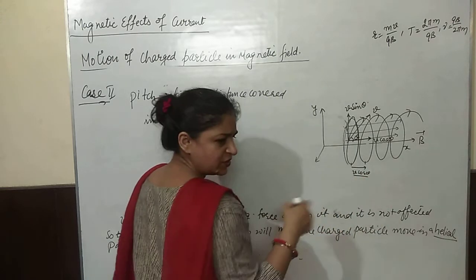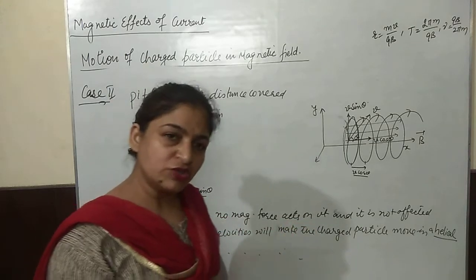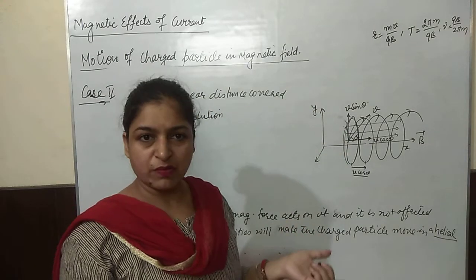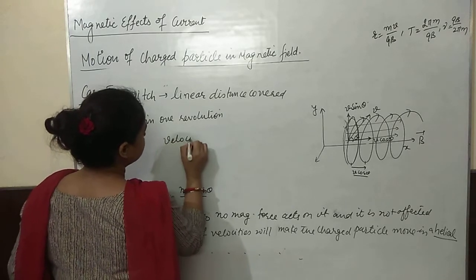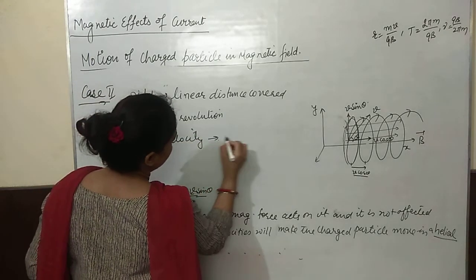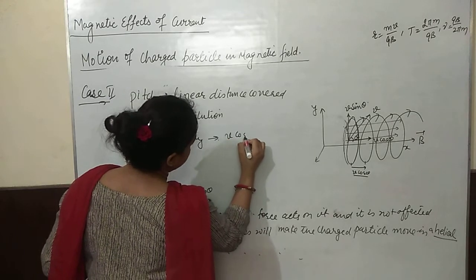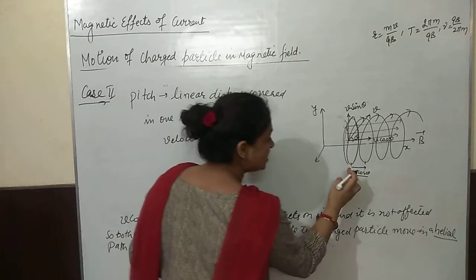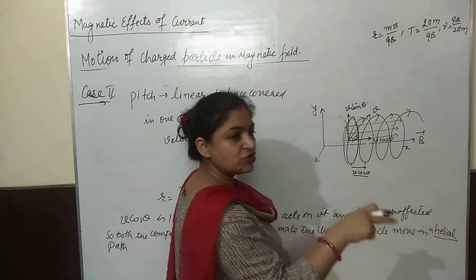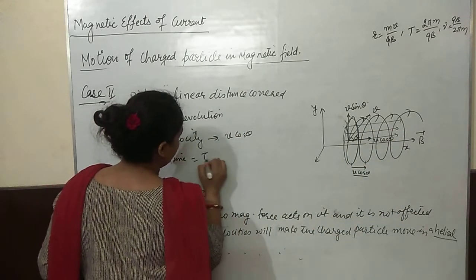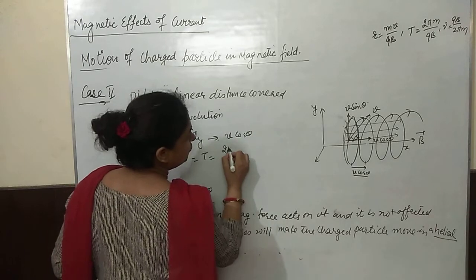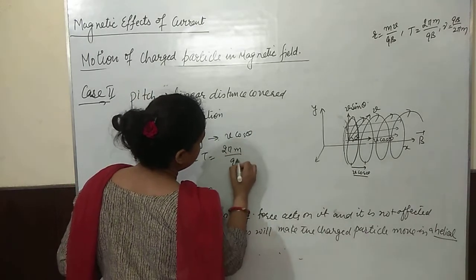And we can find out the time. For one revolution, the time period is the same because it is not dependent upon velocity. So velocity is V cos theta, and how much time is taken from here to here? One full revolution's time, that is the time period. So the time taken is capital T, that is 2 pi m over q B.